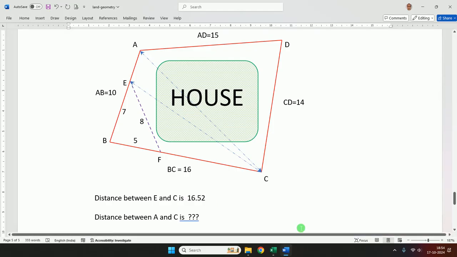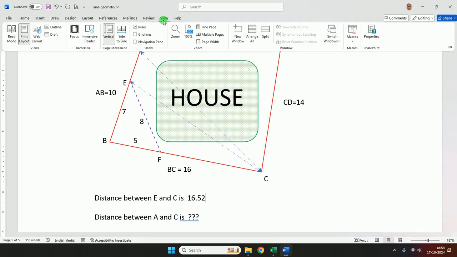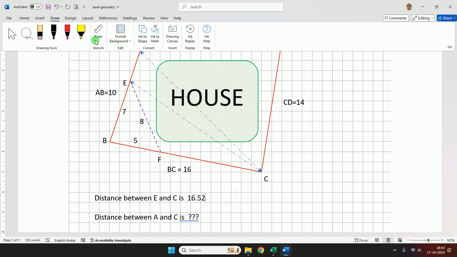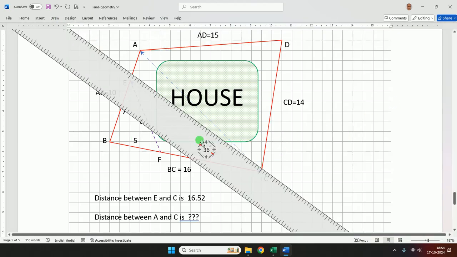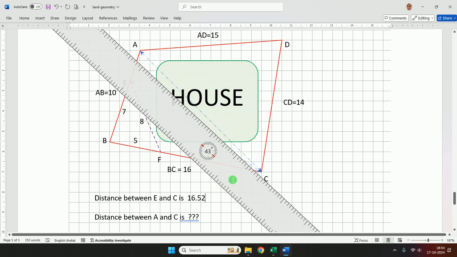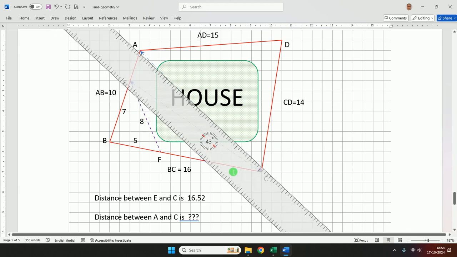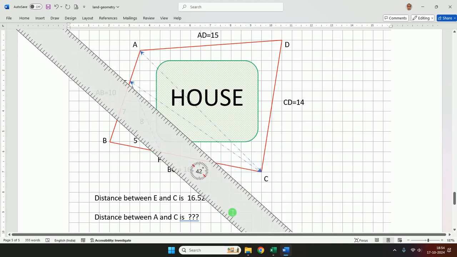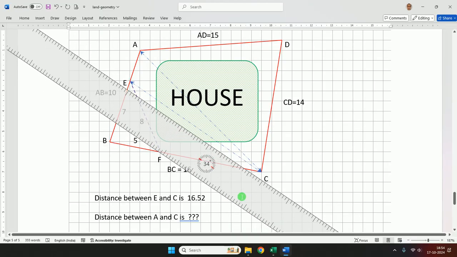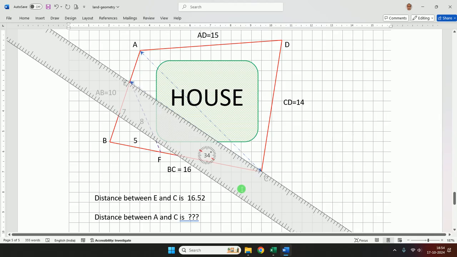Okay. Let us see our grid line, and we go to our ruler. So already we know this one, how many 3 marks are there? So we put it here, E and C. A little bit more.